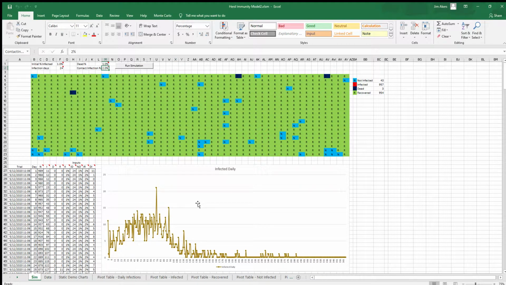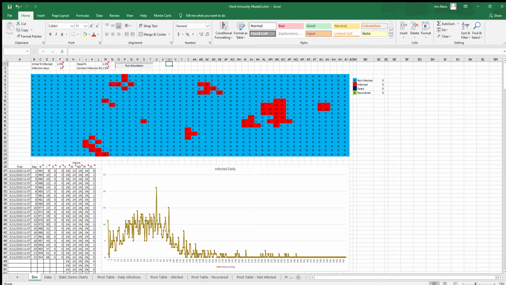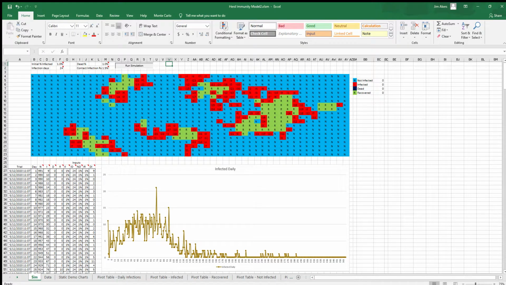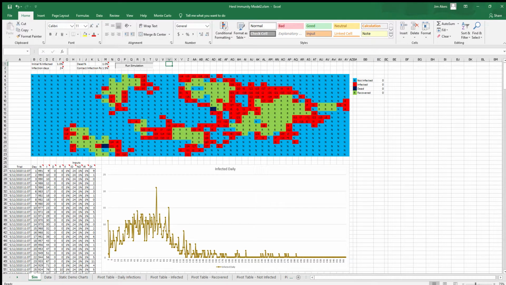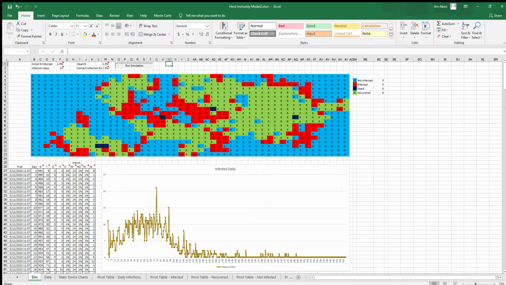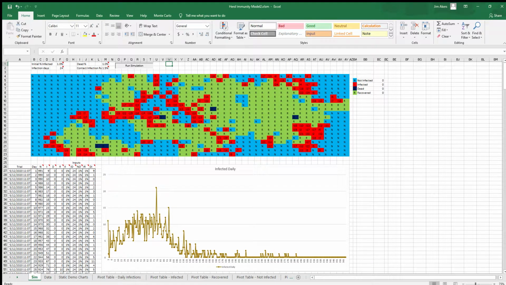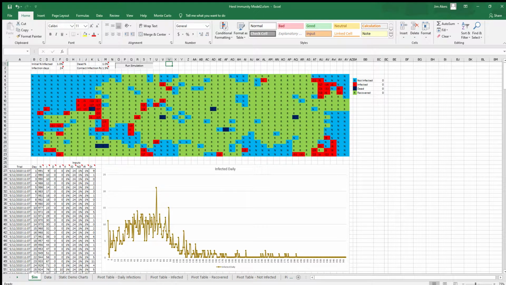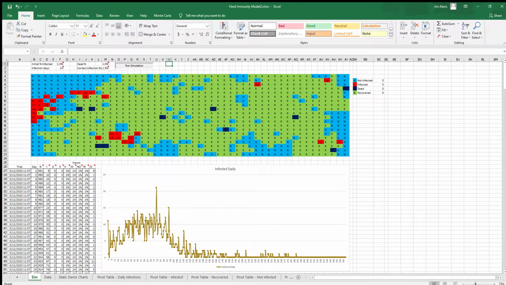Okay, I'm going to try 1.5%. It's really starting to get a lot more difficult for the virus to spread.